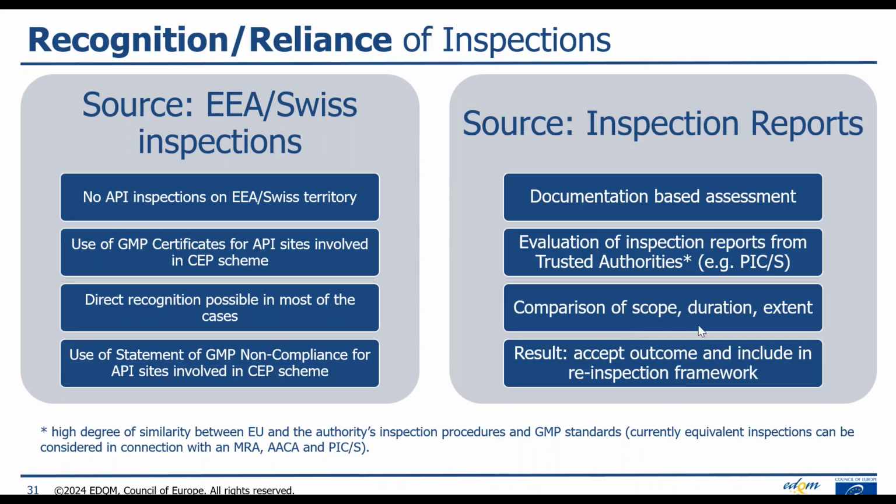We would have a look at the scope, the duration, and the extent of the inspection, and determine whether we can rely on this for our purposes. Was the CEP substance or relevant manufacturing workshops covered within the scope? And if we can leverage off of this inspection, we would try not to duplicate the inspection there and take it into account in terms of recognizing it essentially.